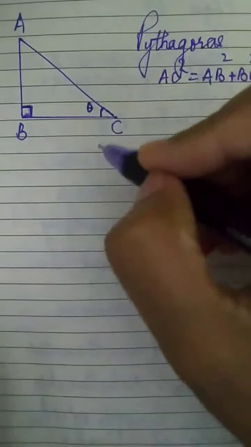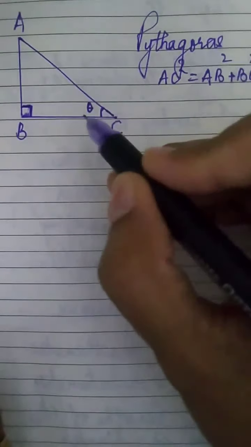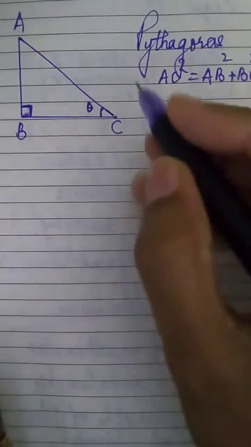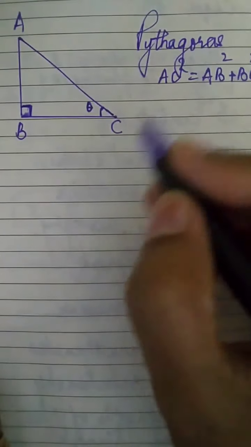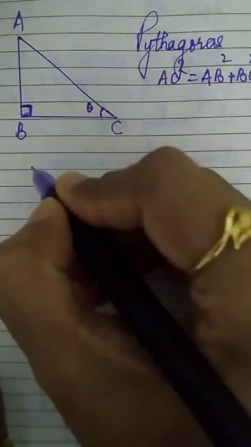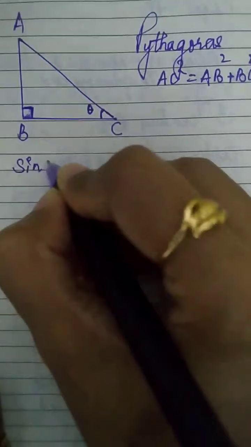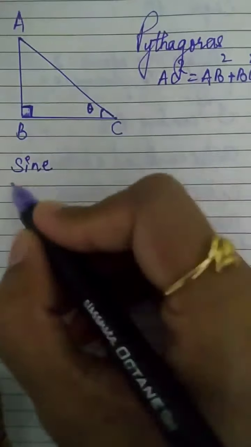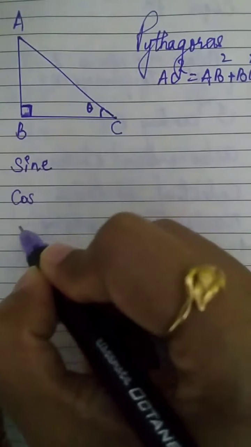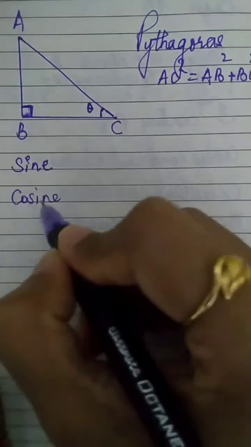In trigonometry, any one acute angle I took as theta. Now for this angle theta, we will learn the various trigonometric ratios. Which are the trigonometric ratios that you are going to learn? There are trigonometric ratios like sine, then there is cos, called cosine, but in short we will learn it as cos.